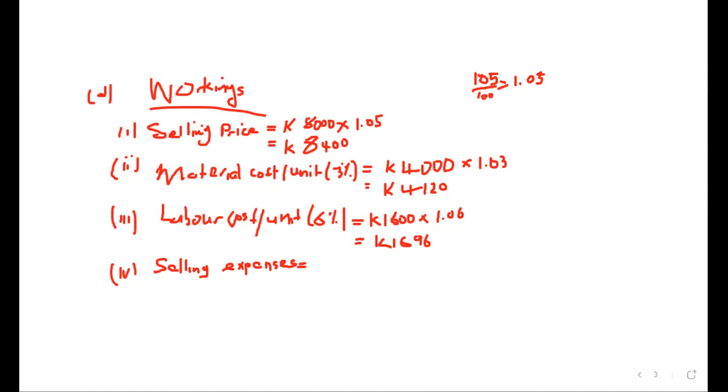So our total selling expenses currently are at 120,000, and we have been told to remove them. Since they fall under fixed costs, we are supposed to remove this from the fixed cost. So we are going to have a new figure for fixed cost.